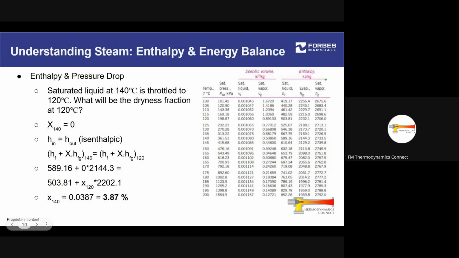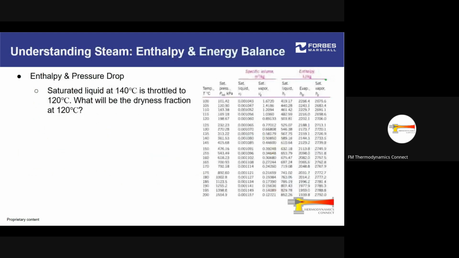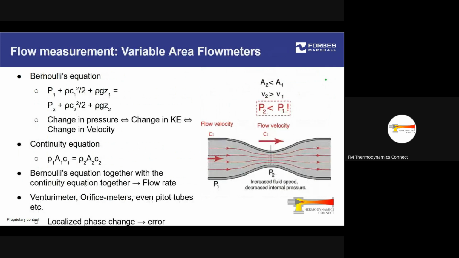So if I have to actually measure condensate flow at this condition, I can't have a section which changes cross section, leading to a change in pressure due to a change in kinetic energy. If there is a pressure change, you'll always get a phase change reaction. So all of the conventionally available flow meters, like venturimeters or orifice meters, as we discussed, are out. You'll always get some localized phase change, which will lead to an error.